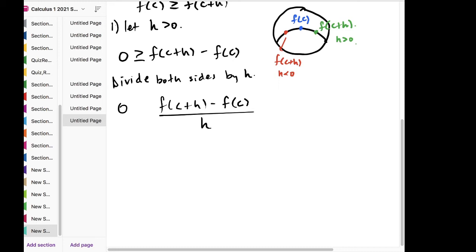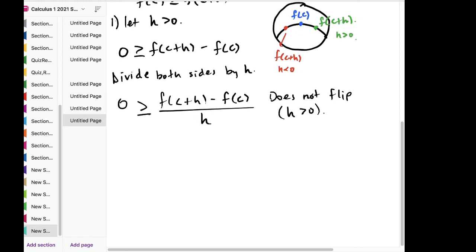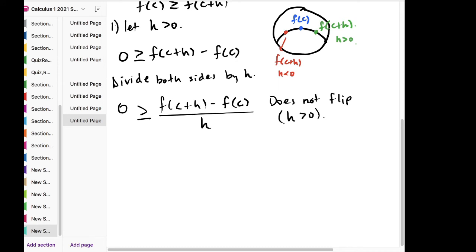You do not, right? And why do you not? Yeah, there's no negatives because h was assumed to be positive. So this is true for all small enough h.